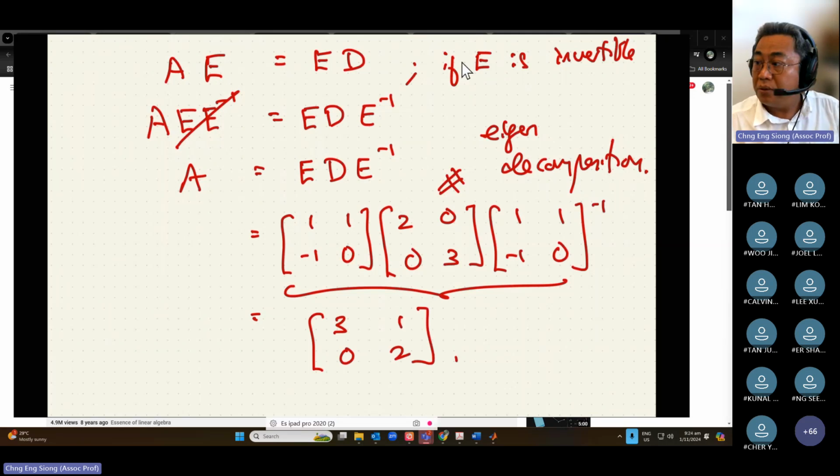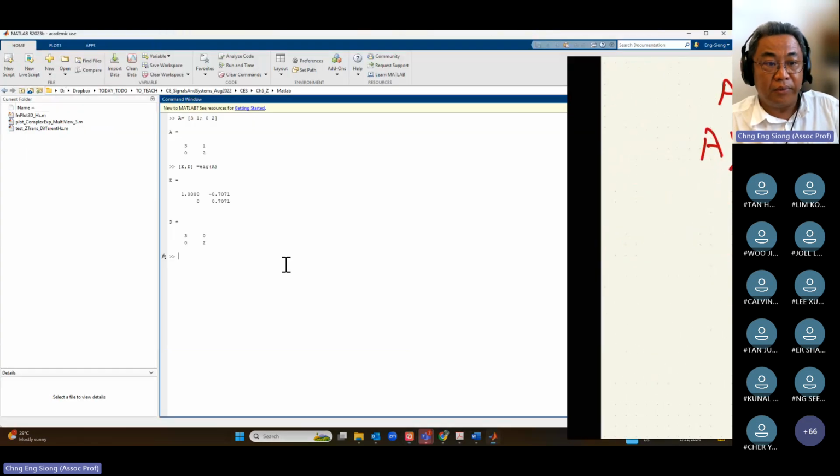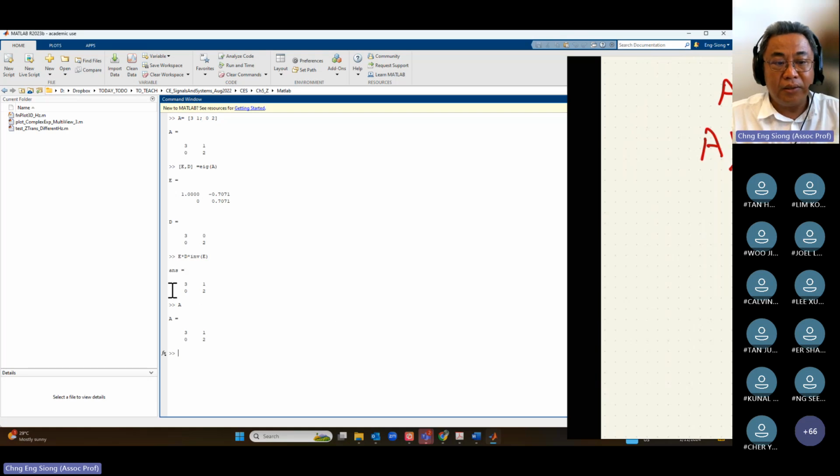Okay, so I'll show you. In fact, I'm lazy, right? So I already have E and D. So it's E times D times inverse of E equals A. Can you see? Yeah.